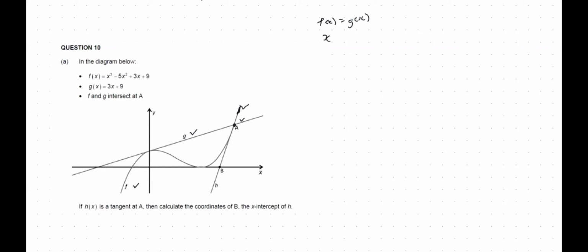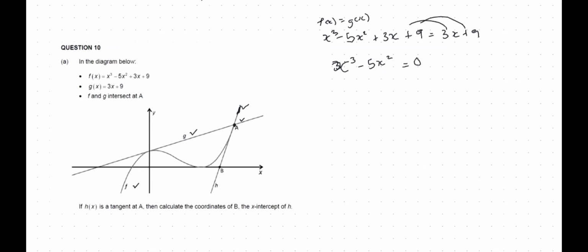We'll have x cubed minus 5x squared plus 3x plus 9 is equal to 3x plus 9. If I move these two to the other side, I will be left with x cubed minus 5x squared is equal to 0.